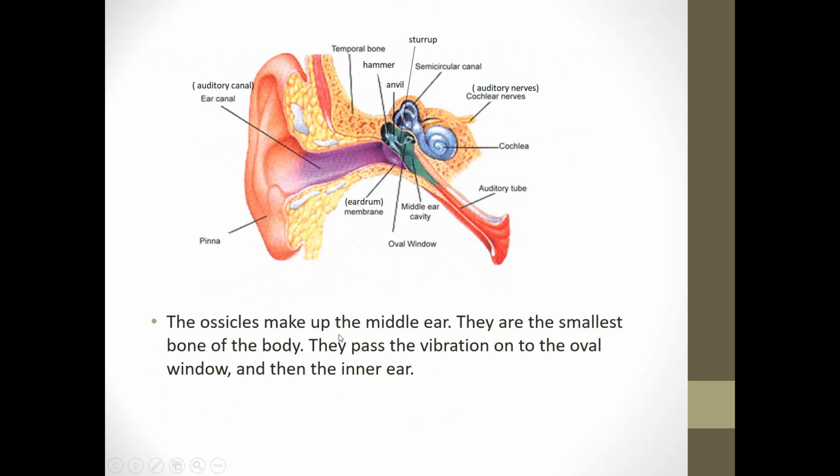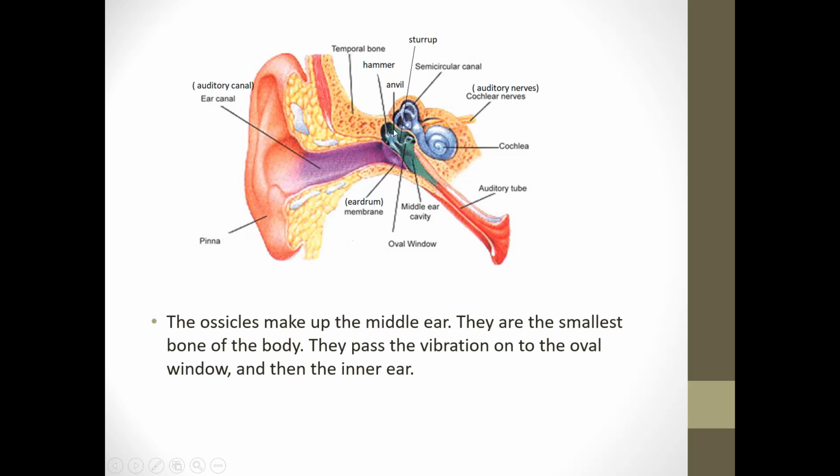So the ossicles make up the middle ear. They are the smallest bones of the body. They pass the vibration onto the oval window. So this small part here is called the oval window. They pass the vibration onto the oval window and then the inner ear.